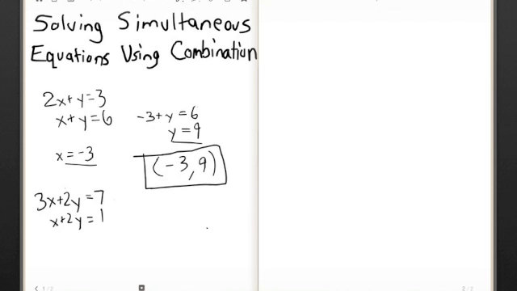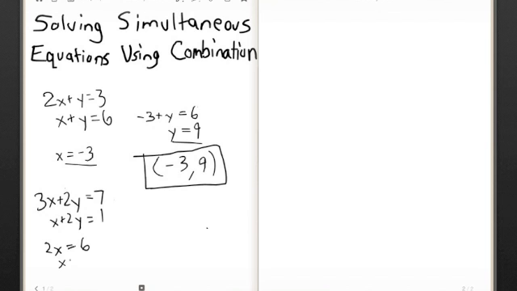So when we subtract, the 2y is going to be eliminated. So let's do 3x minus x is 2x. 2y minus 2y is nothing. 7 minus 1 is 6. So we subtracted the entire bottom equation from the entire top equation again.